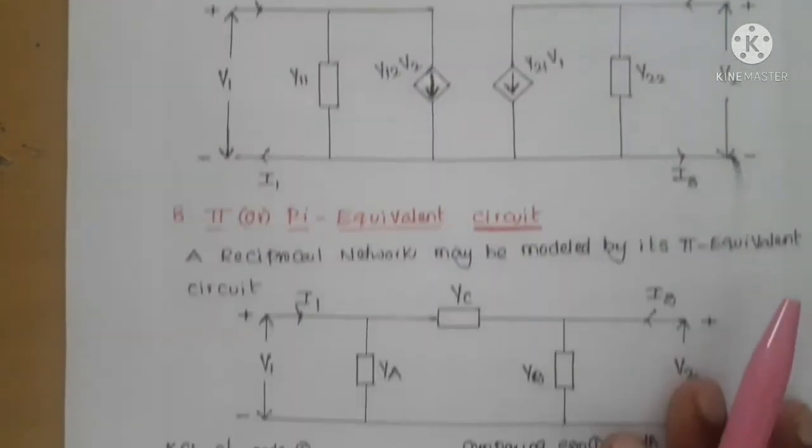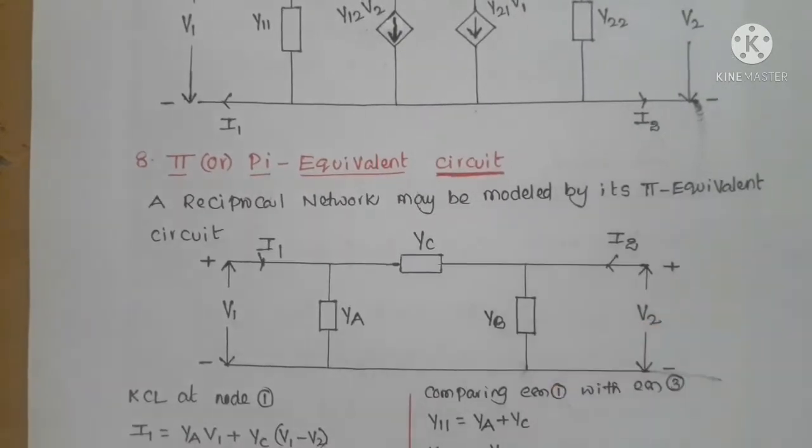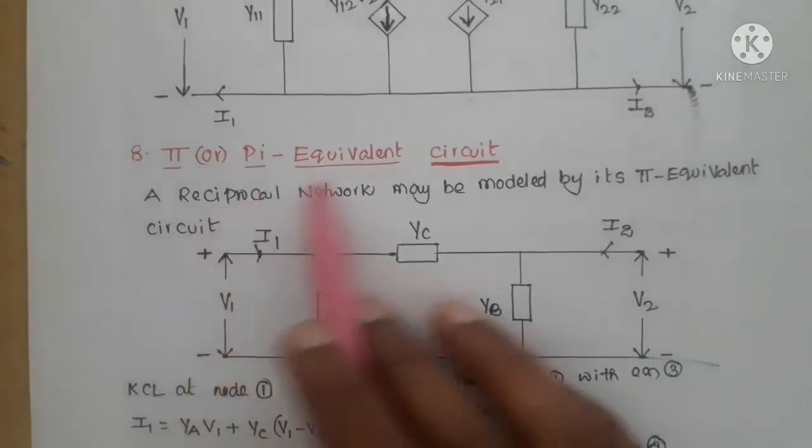So here, as in Z parameters, where we are able to draw the T equivalent circuit if the two-port network is reciprocal and we know the Z parameters, similarly, if you know the Y parameters and the given two-port network is reciprocal, we can draw the pi equivalent circuit.